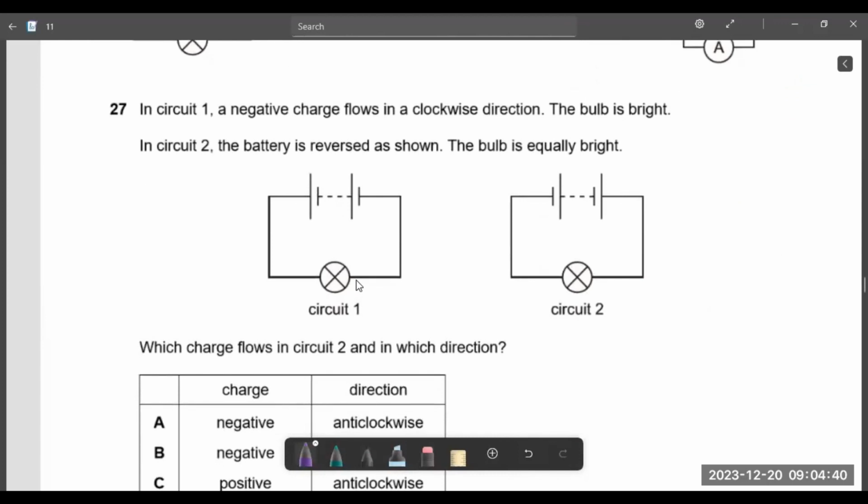In circuit 1, a negative charge flows in a clockwise direction. The bulb is bright. In circuit 2, the battery is reversed. The bulb is equally bright. Negative charge always flows from negative to positive, in this direction.